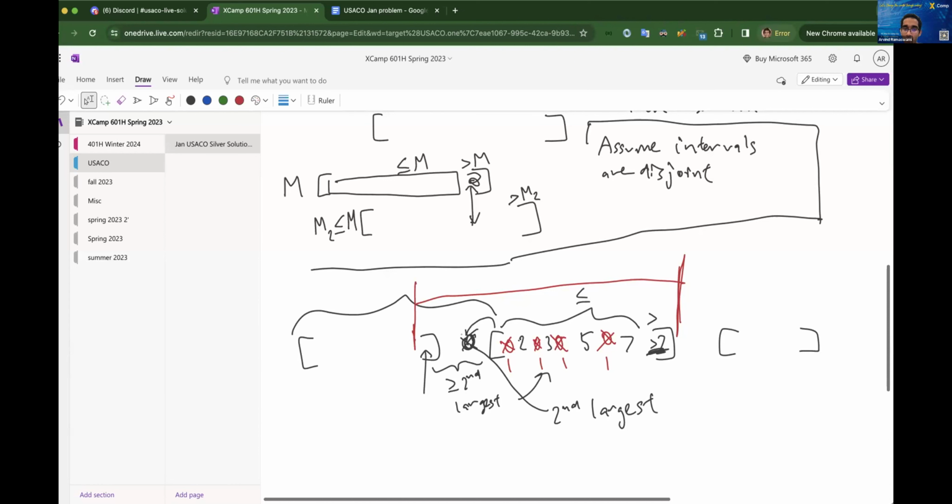And since we're looking for lexicographically smallest, we pick the closest 0 to the left and replace it with the second largest. And since this is the largest in its prefix, we don't care about any of the elements to the left. So we're only reducing the problem to this region in red.